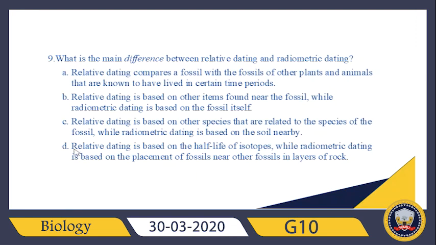And of course, D is for sure not the correct answer. So guys, the most correct answer will be A. Relative dating compares a fossil with the fossils of other plants and animals that are known to have lived in certain time periods.